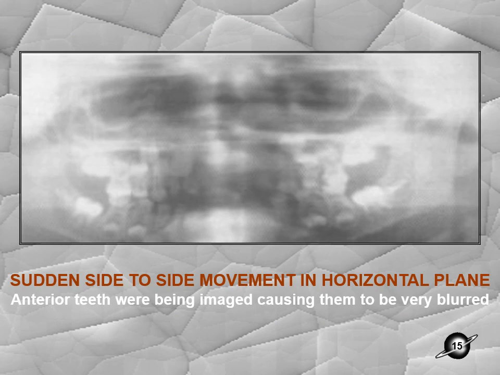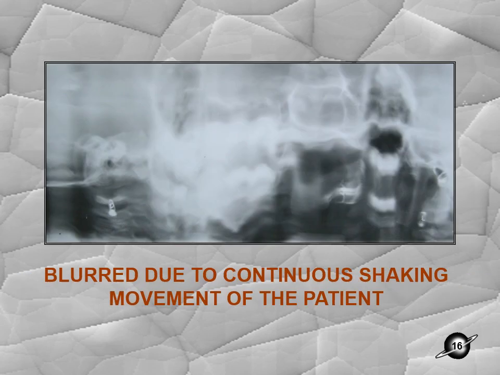Especially we see these kinds of movements with small children or pediatric patients when we take an OPG for mixed dentition evaluation. So that's how the image appears. Then blurring due to continuous shaking movement of a patient. These kinds of movements we see commonly with patients with neuromuscular disorders or mentally challenged patients.